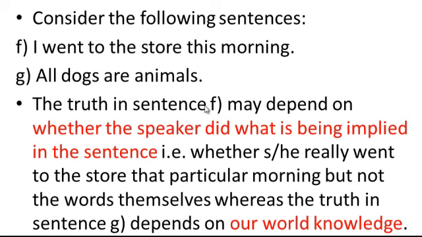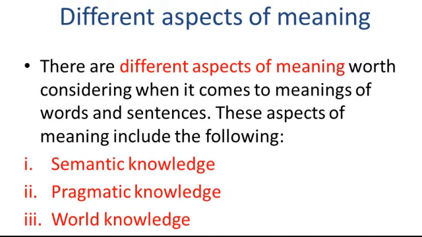So the truth condition in sentence F may depend on whether the speaker did what is being implied in the sentence, that is, whether he or she really went to the store that particular morning, but not the words themselves. Whereas the truth in sentence G depends on our word knowledge, as I've indicated earlier on.